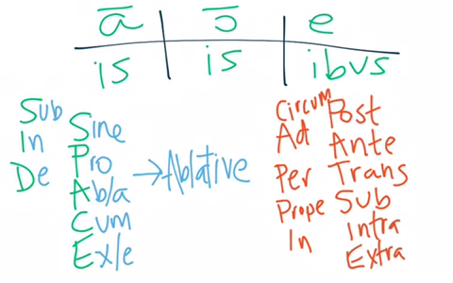You need to know that they take the accusative. Okay, so like at the bottom of the page here, you're given a preposition. You have to tell whether it takes the ablative or the accusative. Hint, it might take both.